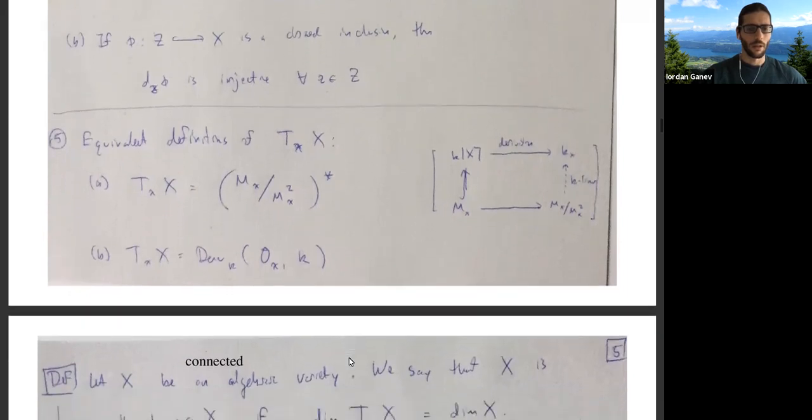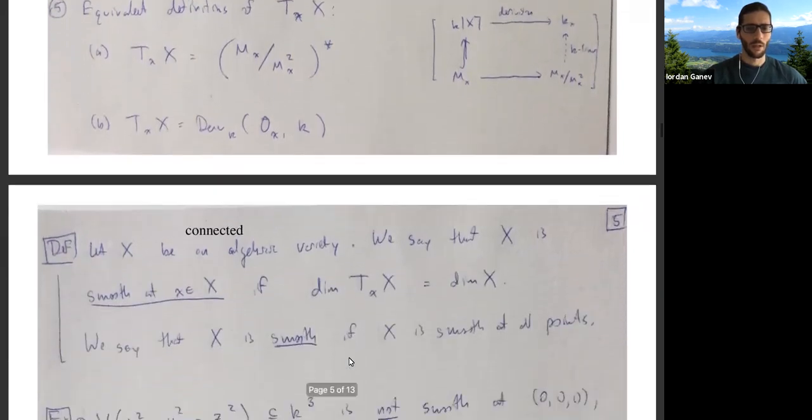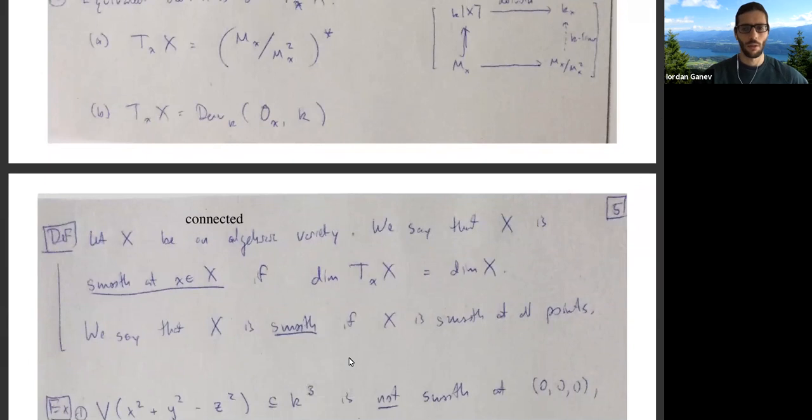All right, and then there's this notion of smoothness. The right adjective here is connected. If we have a connected algebraic variety, we say that it's smooth at a point if the dimension of the tangent space is equal to the dimension of x. I think I was a bit confused about this before because I said irreducible. In fact, that's not quite the right thing.